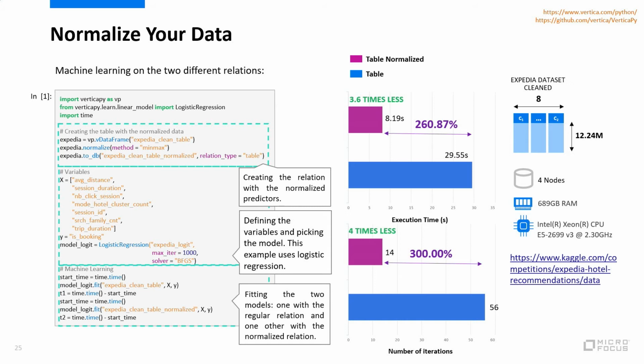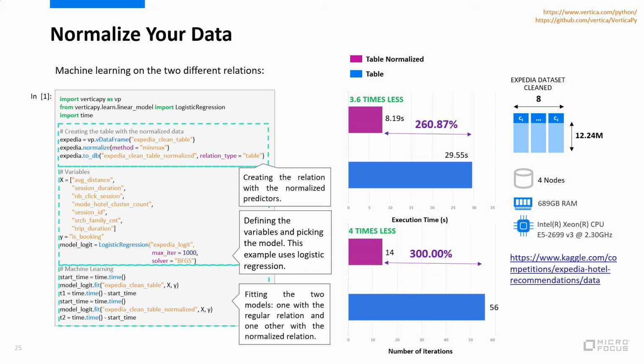And when it iterates, some computations are affected by the bias, and then you are having less and less precise results, which means you will increase the number of iterations to converge. So in order to converge with data that is not normalized, in this use case, it took 56 iterations.